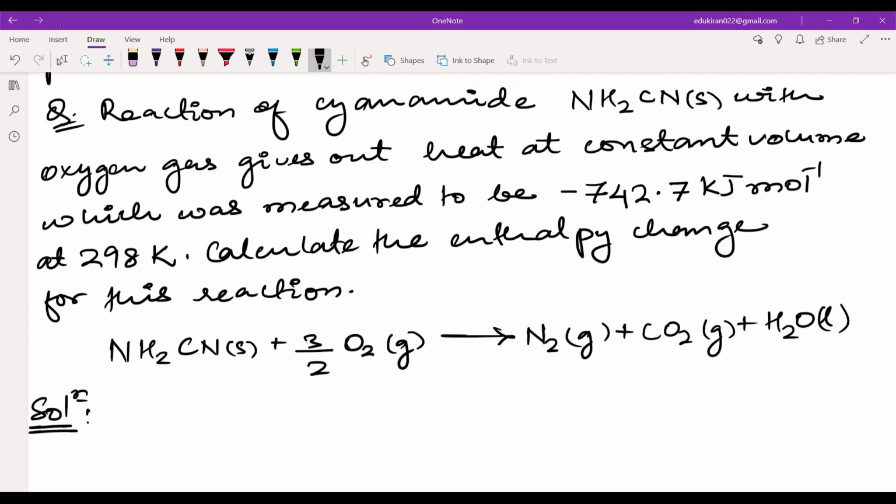I don't understand. What do you mean? Yes, Mohammed, can you elaborate on that? Oh, sorry, sir. I thought delta H equals heat at constant volume.